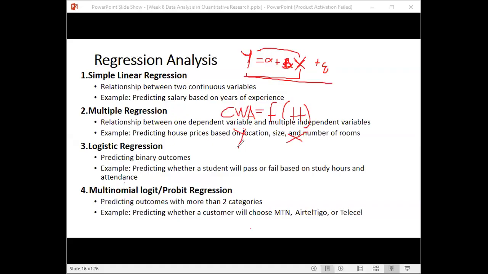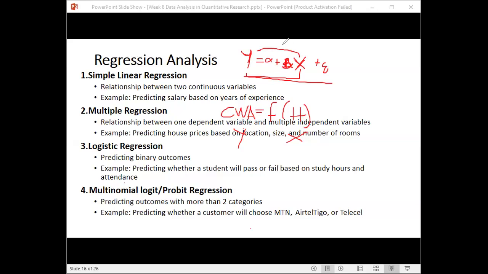So that's why we're saying that to do quantitative work, all your variables have to be measurable. So my number of hours can be measured. So I ask each and every student, how many hours do you learn in a week, in a month, in a year, in a semester, whatever it is. I get the value. What is your current CWA? I'm having 3.7, 3.5, first class, second upper, whatever. I list that as well. Now I put them in my analysis and then it brings out the results.